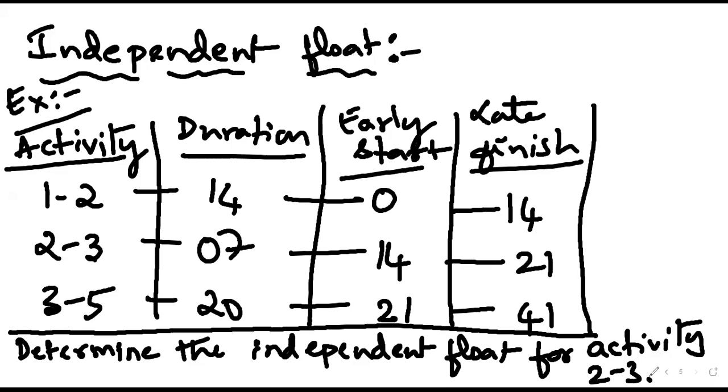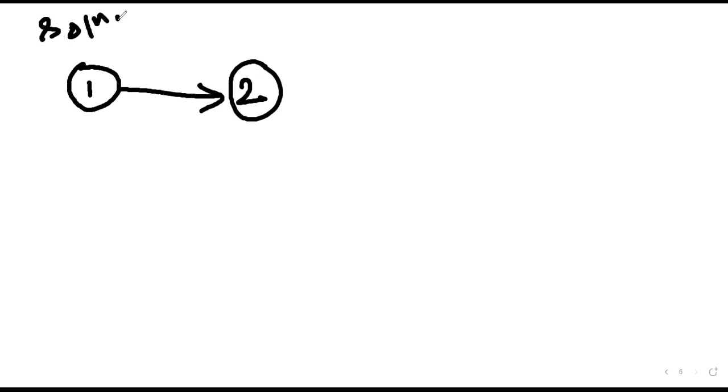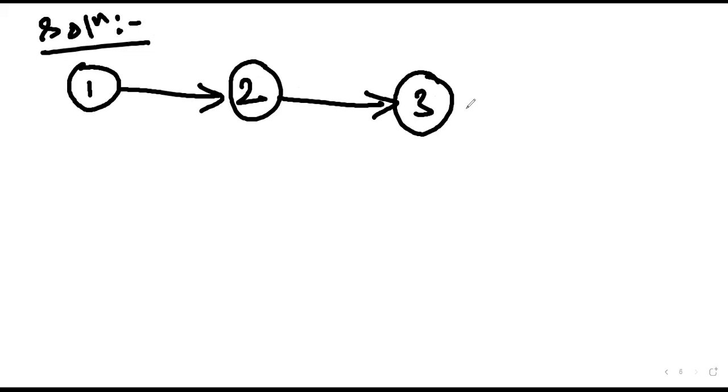All right. So this is the problem definition. I hope everyone has made note of this, and I'm just going to the next slide. We are supposed to determine the independent float for 2 dash 3, along with 3 dash 5.